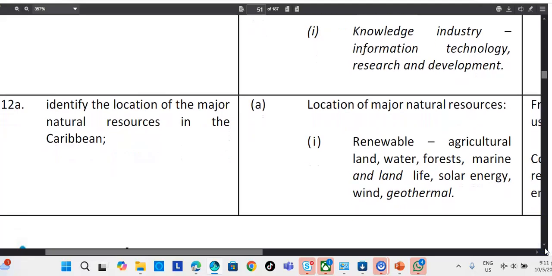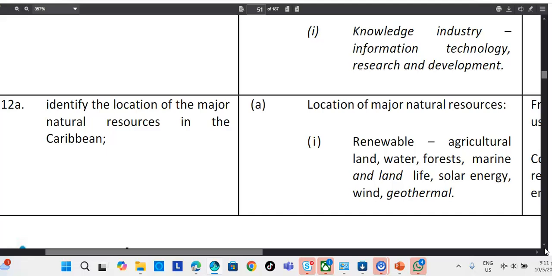Identify the location of the major natural resources in the Caribbean. All right, so for natural resources, we have renewable and non-renewable resources. Examples of renewable resources: agricultural land, water, forests, marine and land life, solar energy, wind, geothermal.